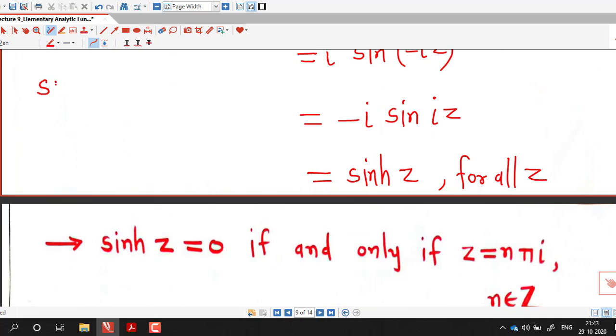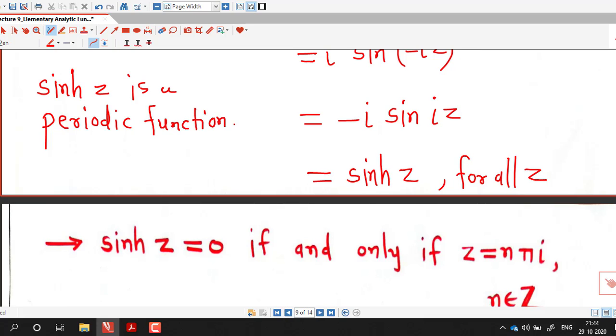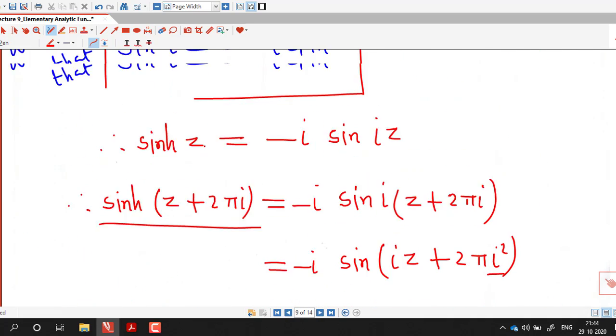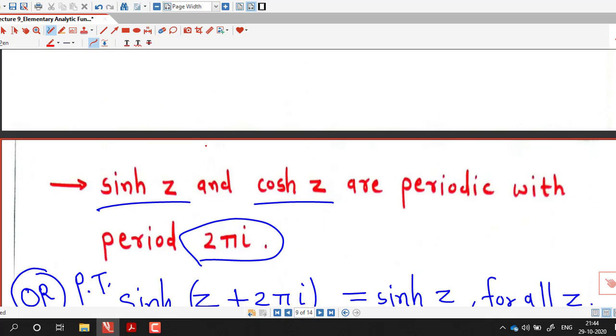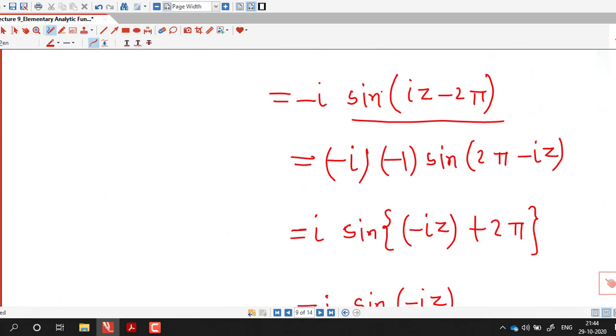So that means sine hyperbolic z is a periodic function with period 2 pi i. Similarly, you can show that cos hyperbolic z is also a periodic function with period 2 pi i.